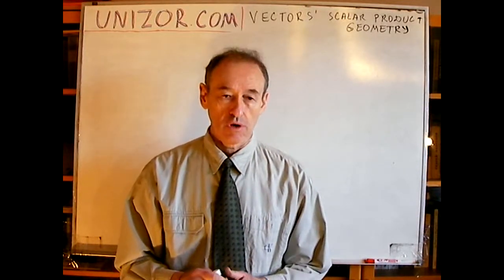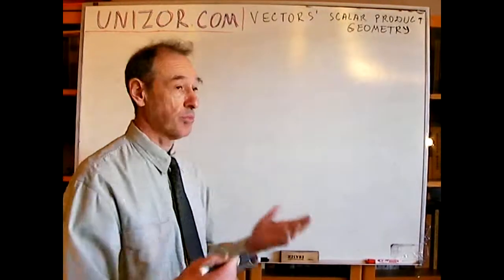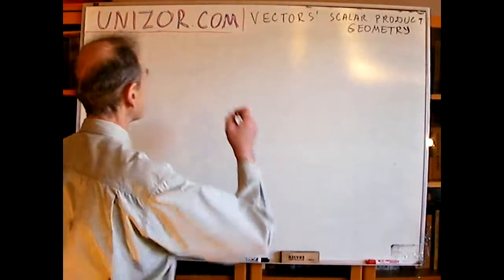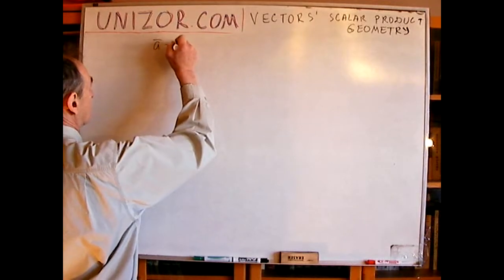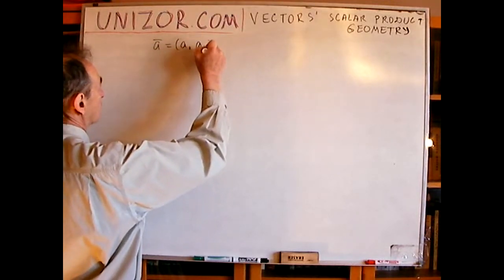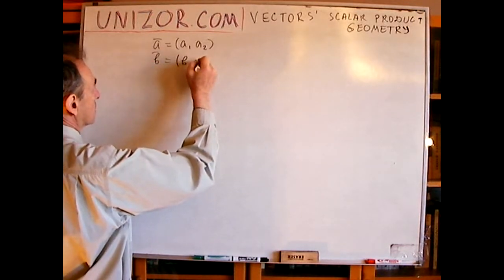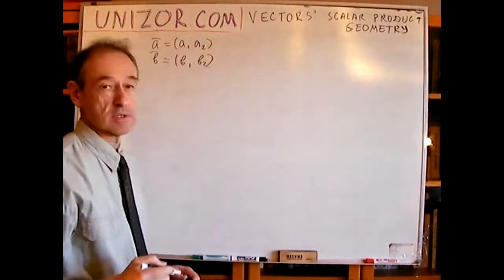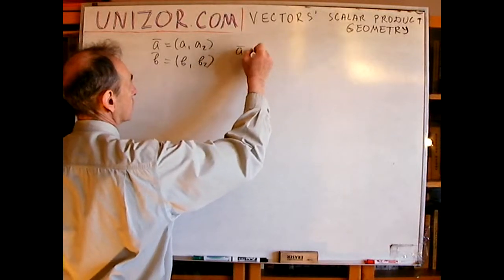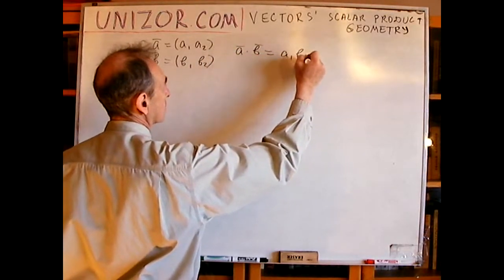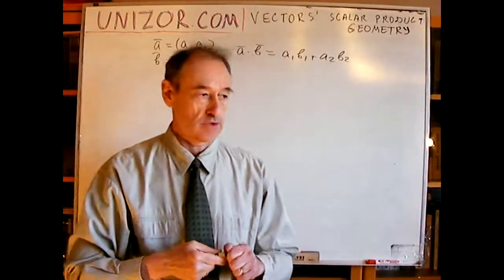Now, the most important result of the previous lecture was that if you have two vectors, A, let's say, in the 2-dimensional case, and vector B with coordinate representation A1, A2, and B1, B2, then their scalar product looks like this. So that's the most important result of the previous lecture.